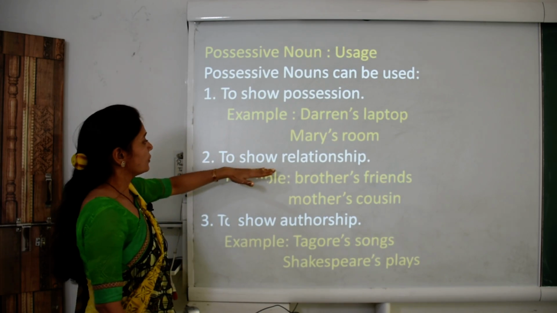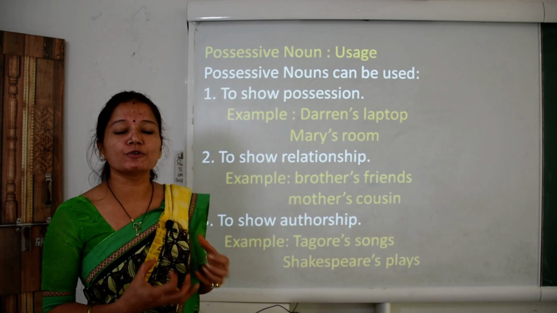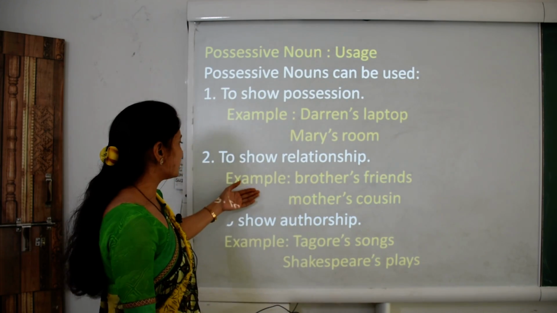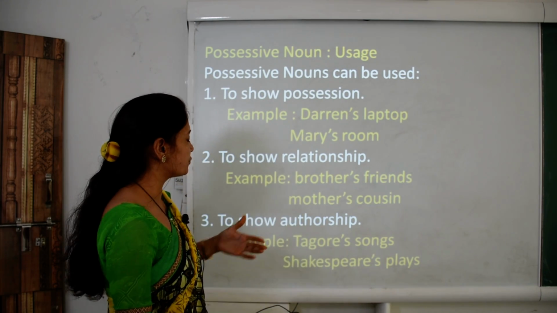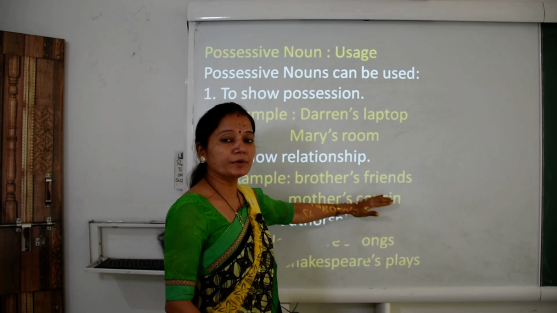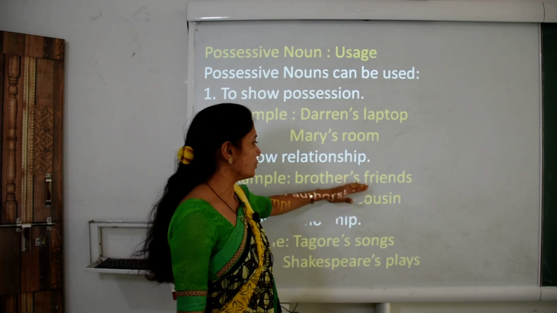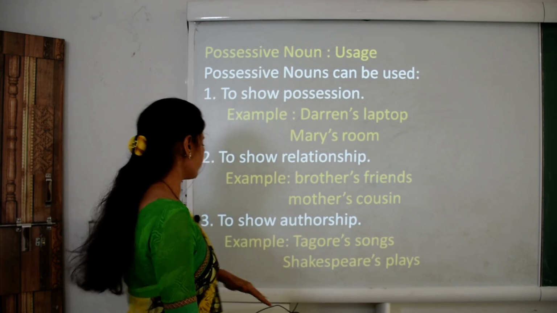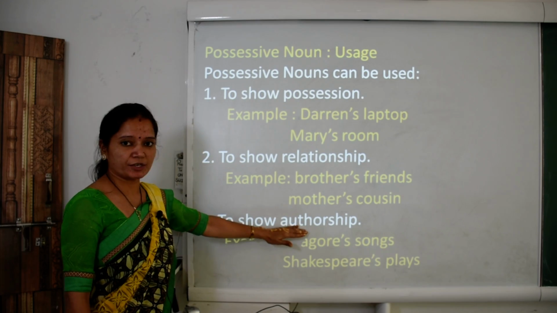Next point is to show relationship. If you want to show the relationship, we can use possessive nouns. Let's see the example, then it will be more clear to you. Brother's friends. Okay. So here we are showing the relationship. So we can use possessive nouns. Mother's cousin. To show authorship. Okay.